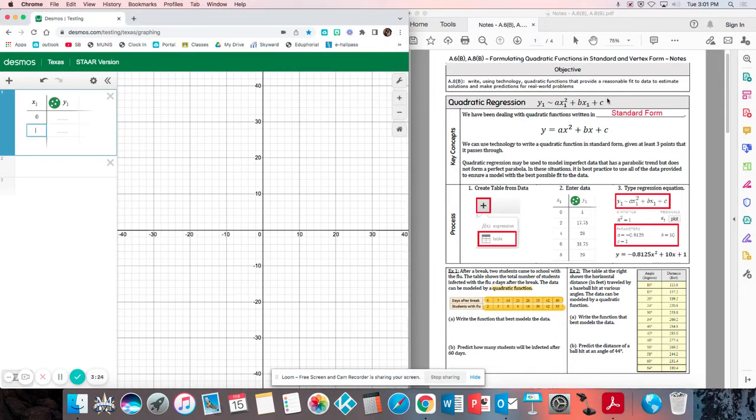So let's fill in my table in the Desmos calculator. x values are 0, 7, 14, 21, 28, 35, 42, 49. That's a table of 7. And y values are 2, 3, 5, 8, 18, 30, 42, 55.